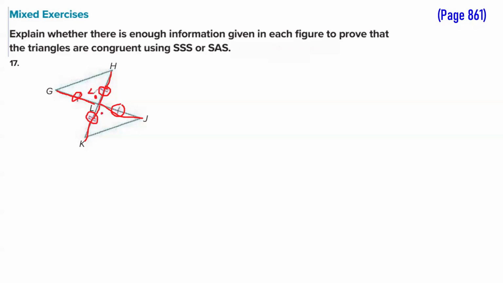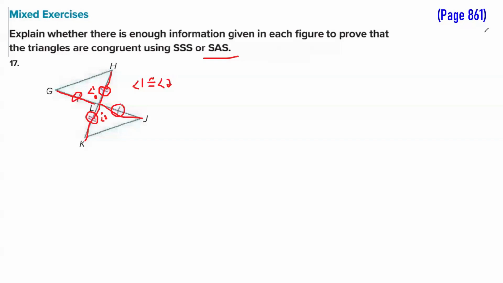So let's assume that this is angle 1 and this is angle 2. I can say that angle 1 is congruent to angle 2. Why? What is the reason? These angles are vertical angles. So in this case, can I use any of these methods to prove that these triangles are congruent? The answer is yes, I can use SAS.